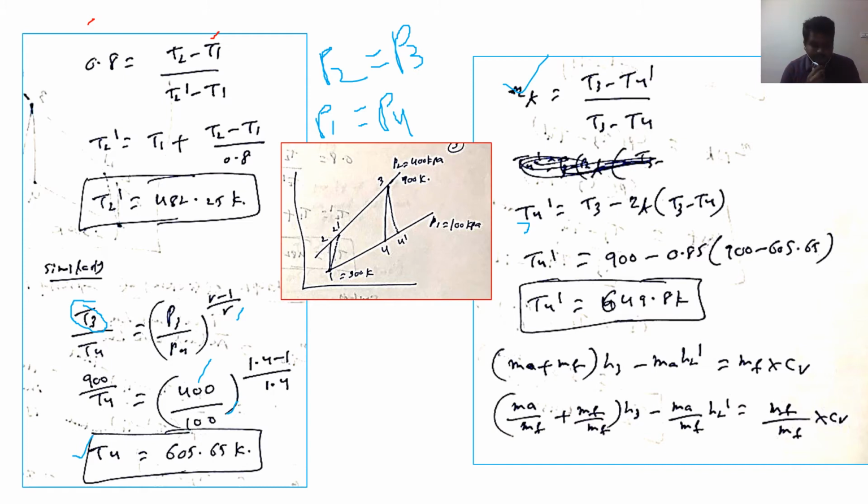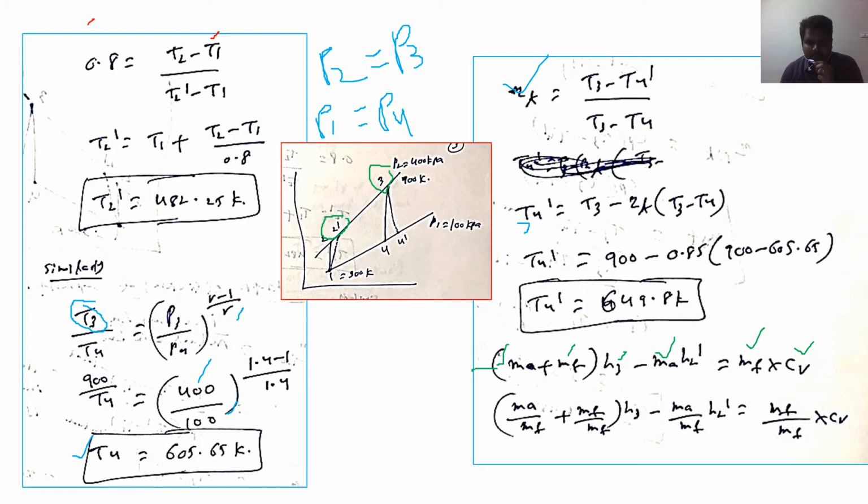So we can write: (mass of air plus mass of fuel) into H3 at point 3 minus mass of air into H2 dash at point 2 dash equals mass of fuel into calorific value.